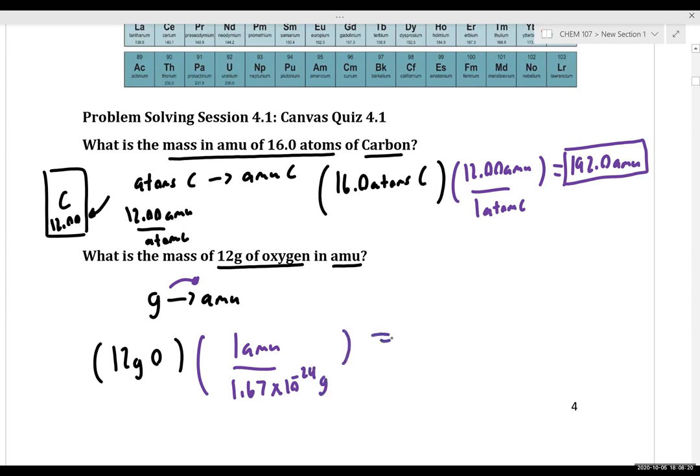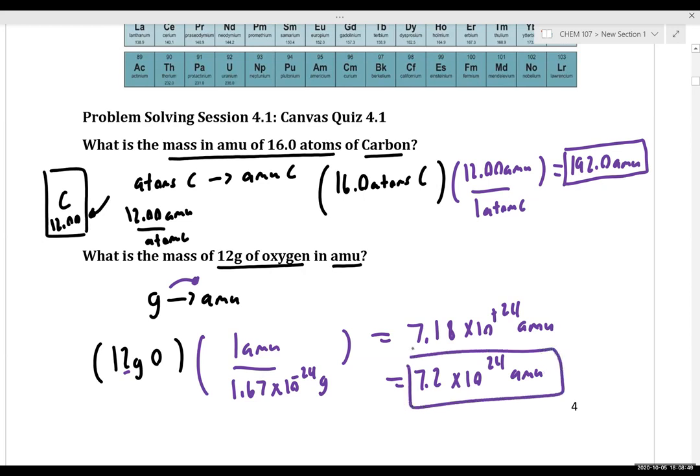Punching this into our calculator, that in turn gives us 7.18 times 10 to the positive 24th AMU, which we round to 2 sig figs to be 7.2 times 10 to the 24th AMU. Does this example make sense?